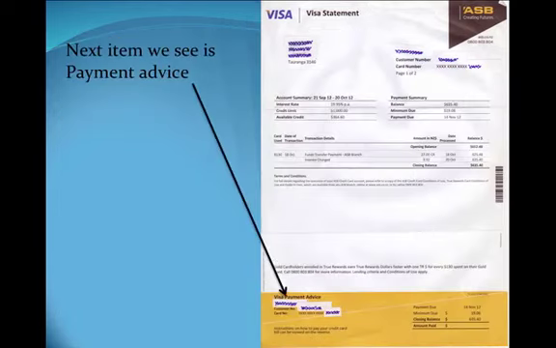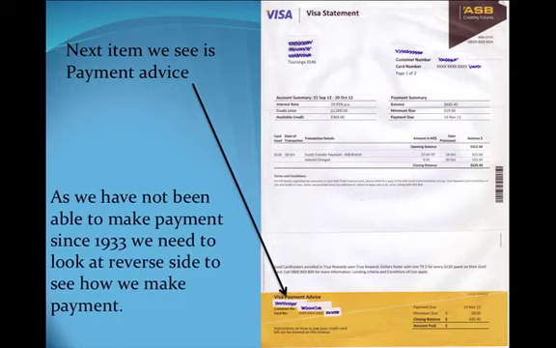Okay, the next item we see is payment advice. Now, as we've not been able to make payments since 1933, we need to look at the reverse side to see how we make payments. See, right down the bottom it says instructions on how to pay your credit card bill can be viewed on the reverse. Okay. Now most people just jump straight to the other side, see an amount there and go and pay it.